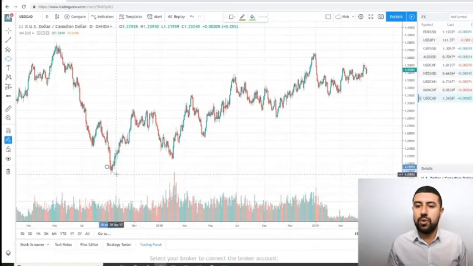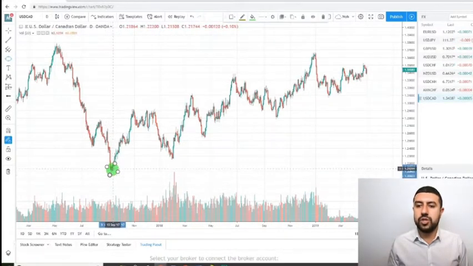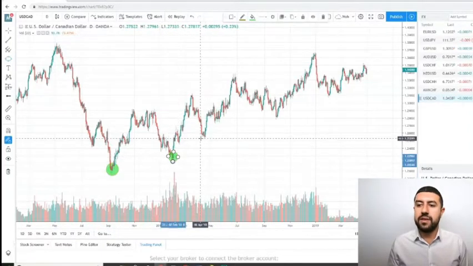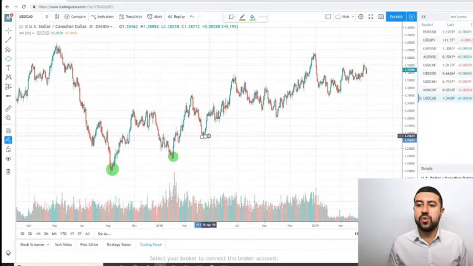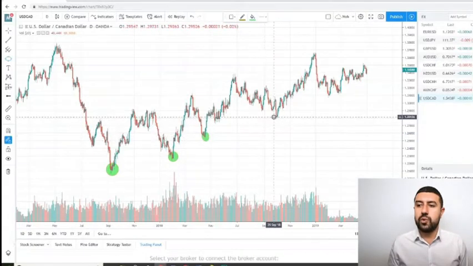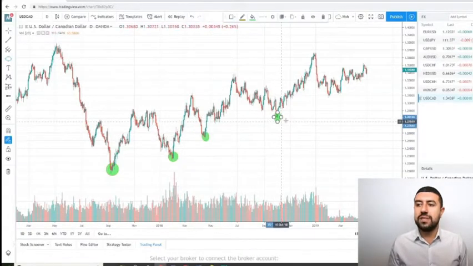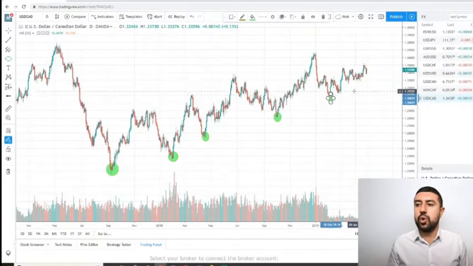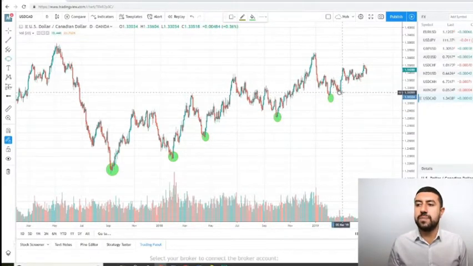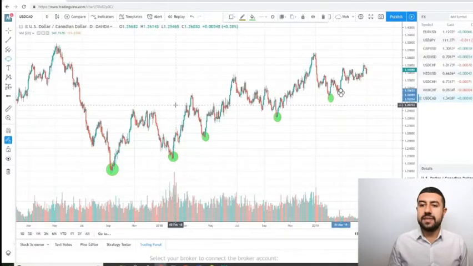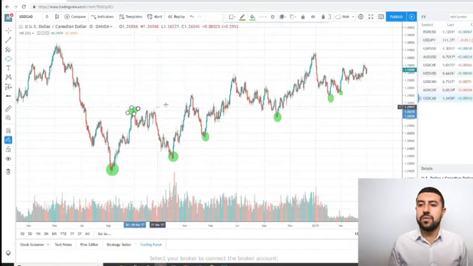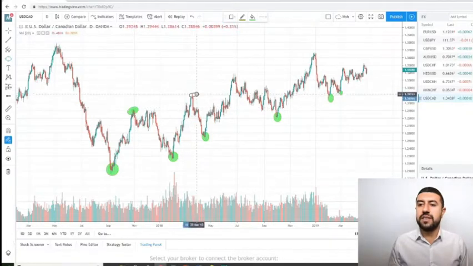There's a low here, but look at the next low. The next low is a bit higher. And look at the next low, a bit higher as well, and the next low, also a bit higher. It doesn't have to be perfect, but you can see that each low is higher than the previous one. And I can see also that the highs are higher. Each high is a bit higher than the previous one.